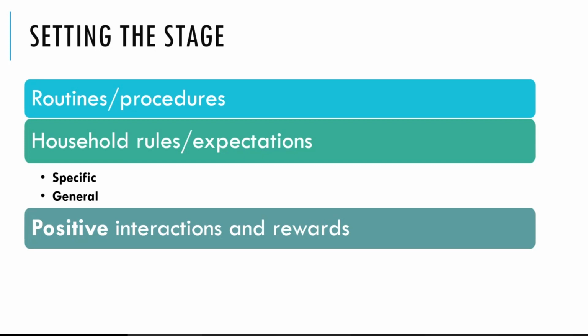When it comes to our general rules, they're more hidden expectations, but you may need to be teaching these as well if they're unclear to your kids. They can also be those different expectations between caregivers in the family. Dad may expect one thing, mom expects something entirely different, and then grandma lets the kids do whatever they want.